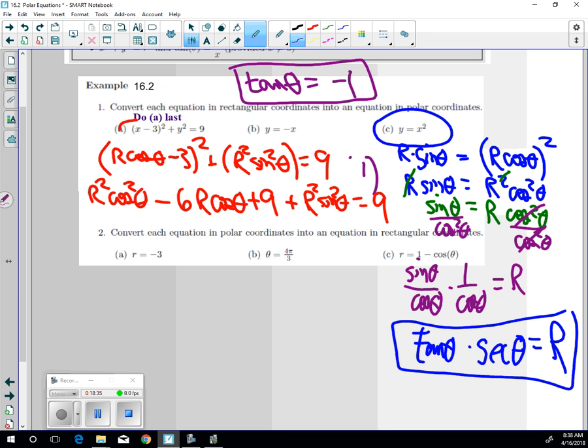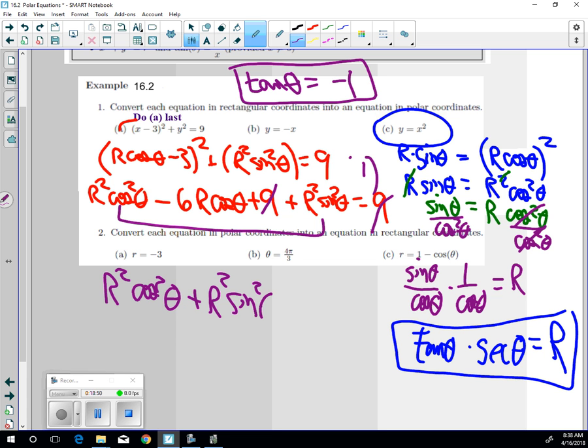Oh, what happens to the 9s? They're out. Cool. And let's put these two together. R squared cosine squared theta plus r squared sine squared together minus 6r, I'm going to move it to the other side, equals 6r cosine theta.